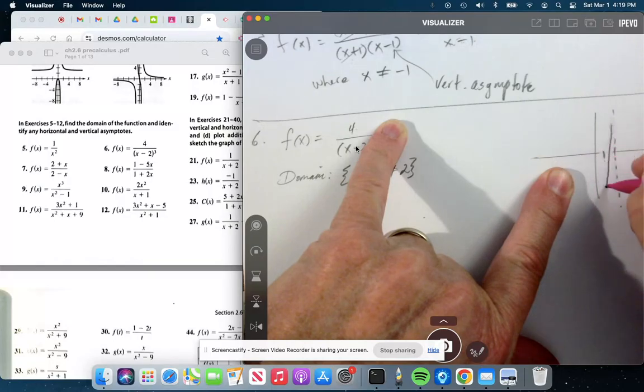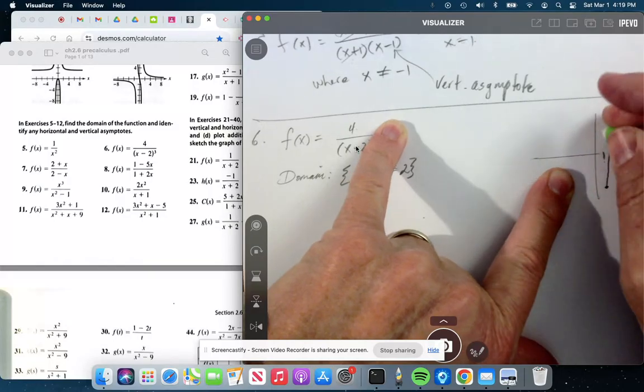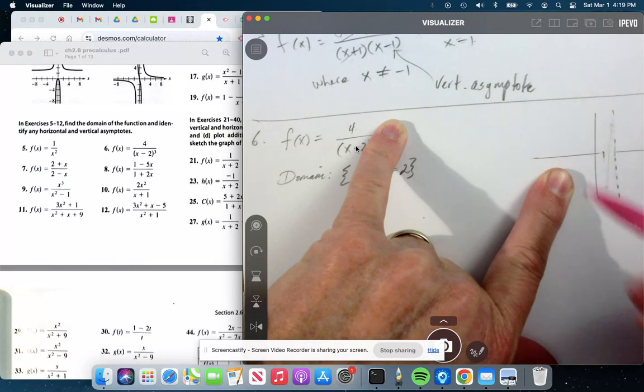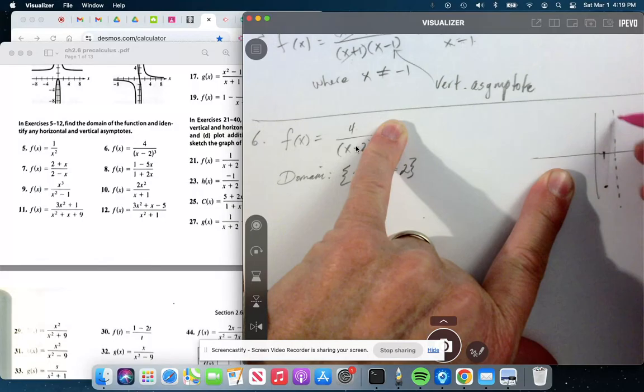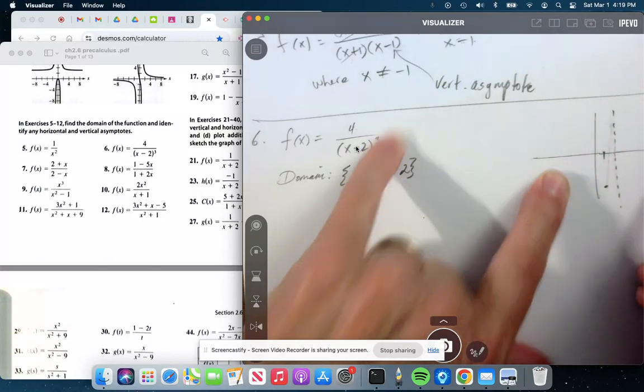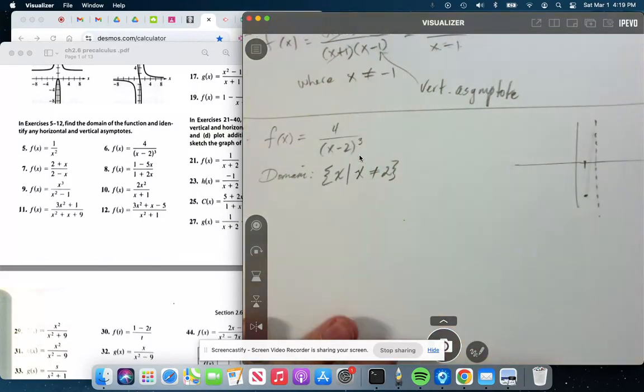Let me do a little more work. But I know I am down here at negative 4 when x is 1.